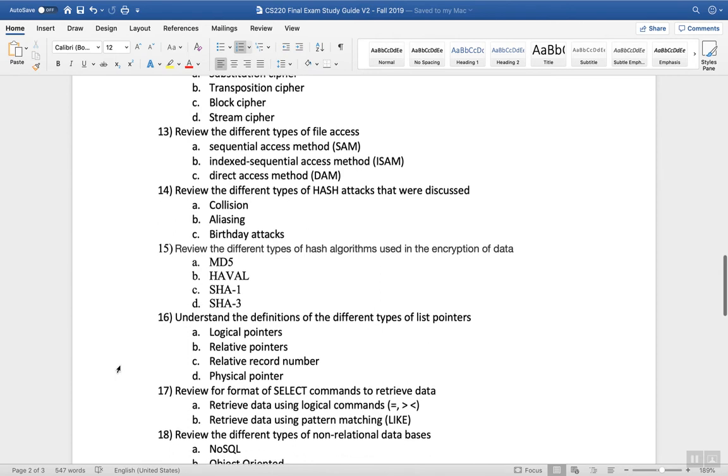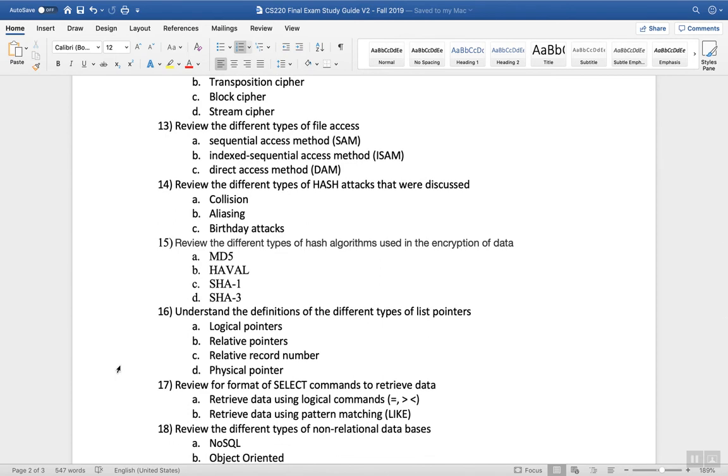We talked a bit about the different types of file access. So we've got sequential, which is one record next to the other. You read it in order, the sequential access method. I have 5 records. I read 1, I read 2, I read 3, I read 4, I read 5. That's sequential. Direct access means I can go directly to that record. If I have 5 records and I want the 5th record, I can go directly to 5.